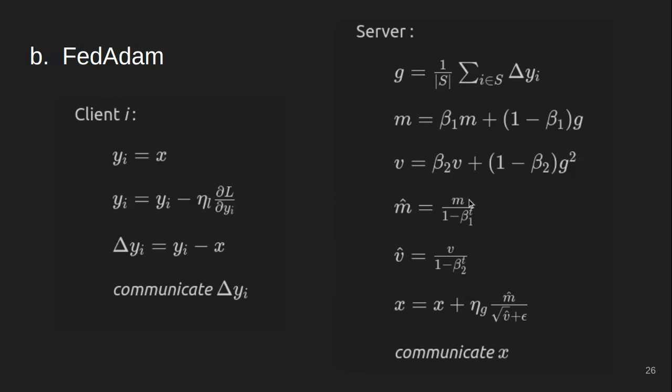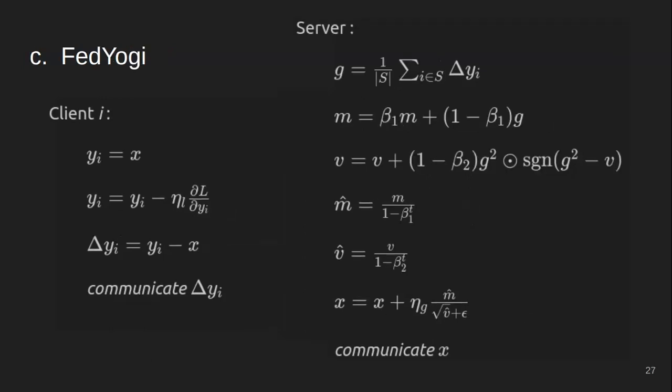Here t is the communication round that we are in. After that, the global model will be updated using this updated m hat and v hat. Here also we use epsilon to avoid getting an infinite value.